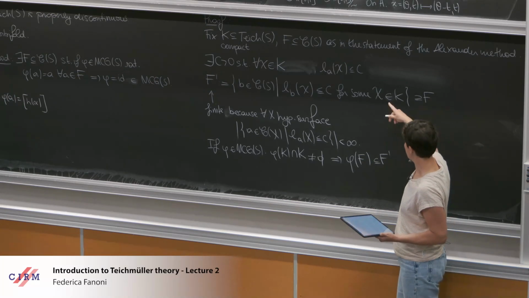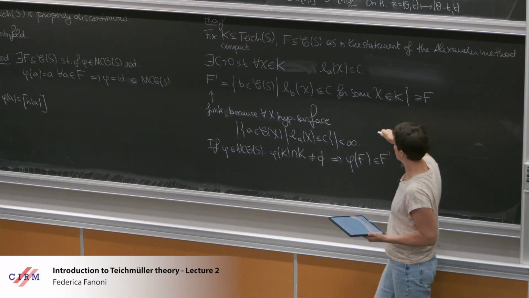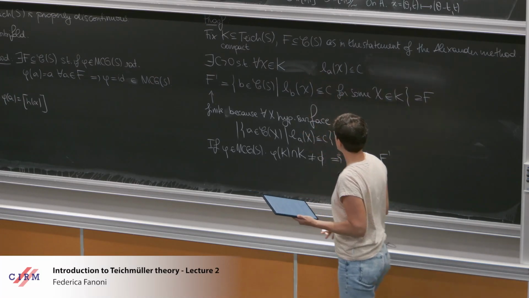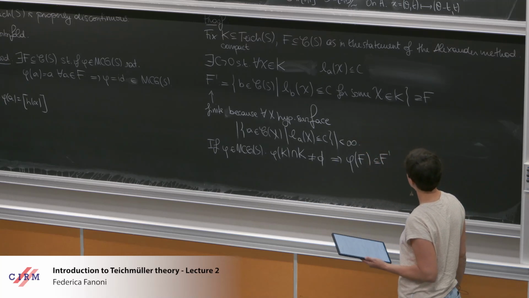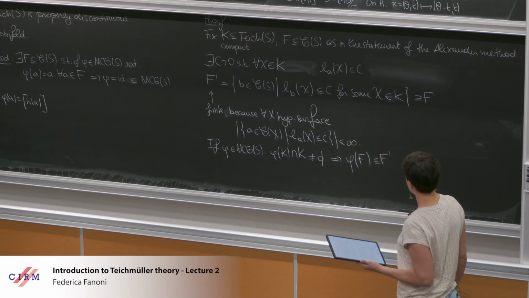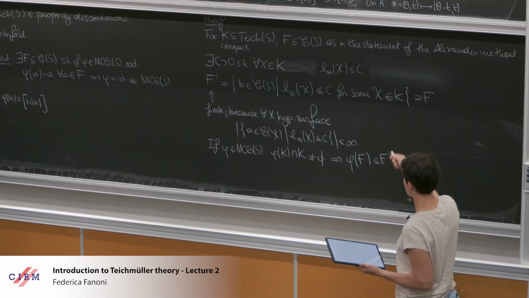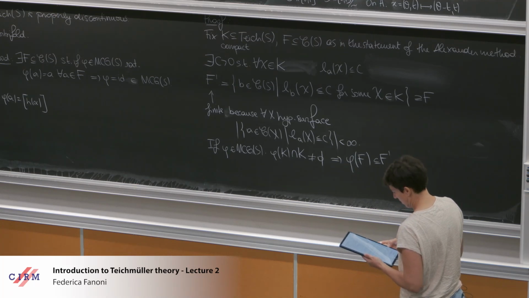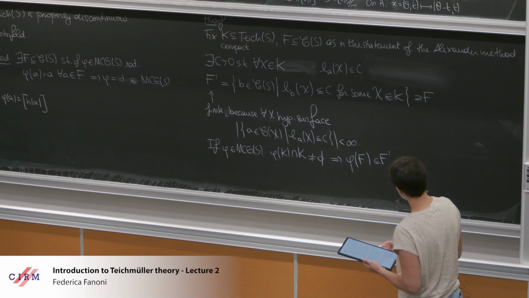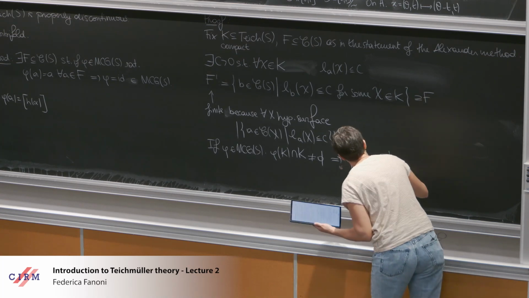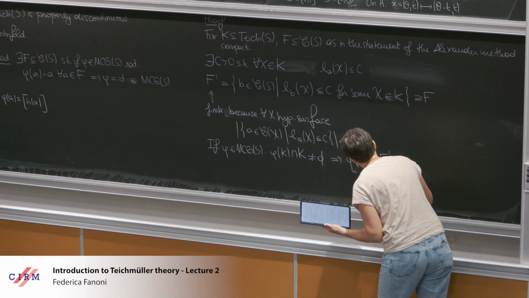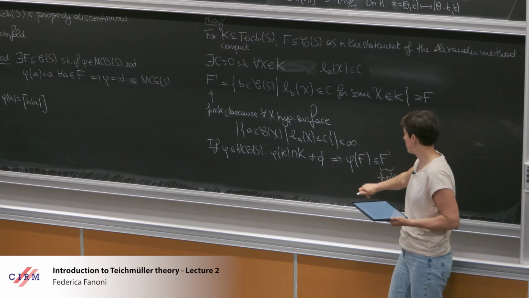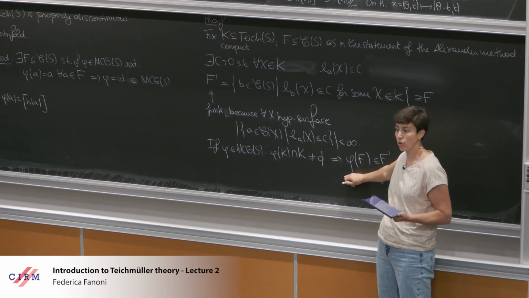I mean, you're just changing the marking, so you're remarking the curves that have length at most c. But now this is finite. So there's finitely many possibilities for the image of F.